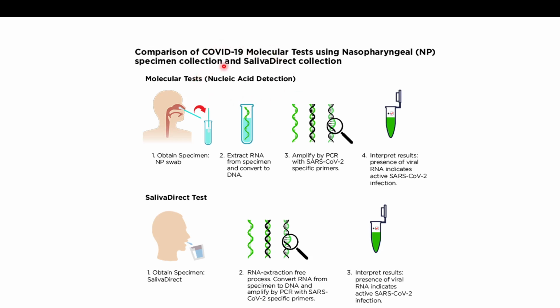So this is what I was talking about, COVID-19 molecular testing. They had the swab taken, RNA was extracted, the cDNA was prepared and then amplified, and based on the amount of cDNA produced, one could say whether it's at the level of developing a serious condition or a mild condition, etc. Similarly, the same way using saliva also.